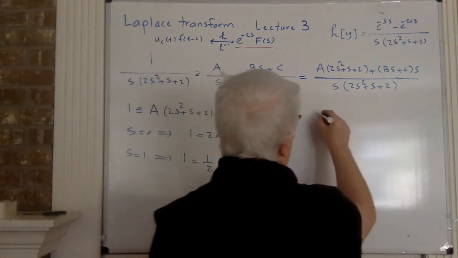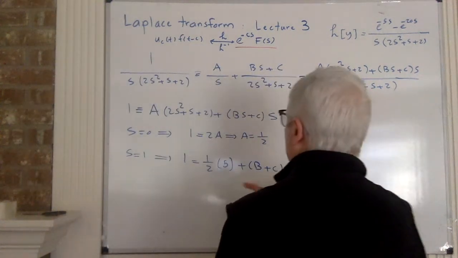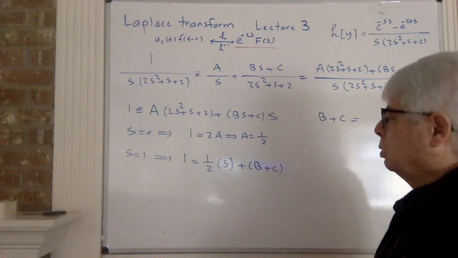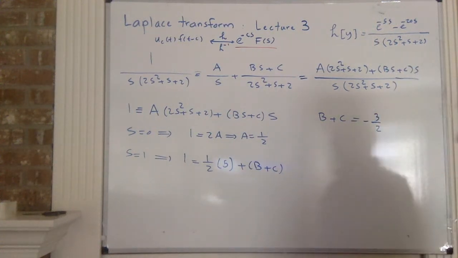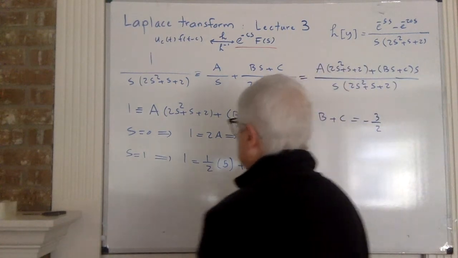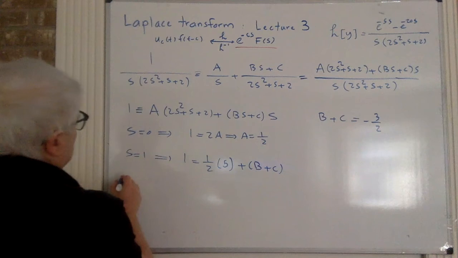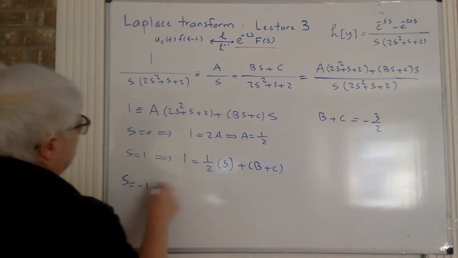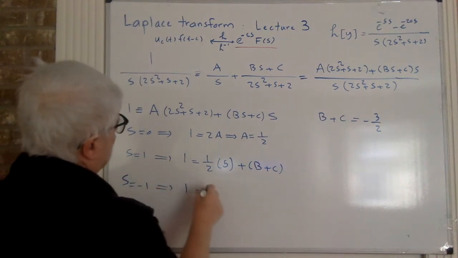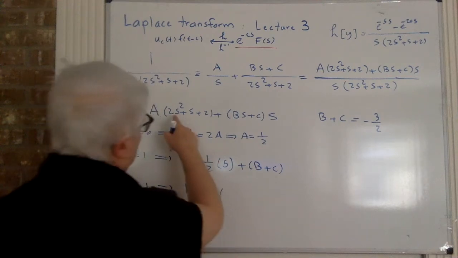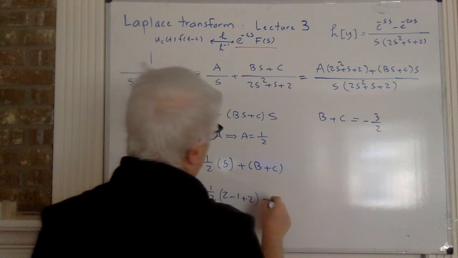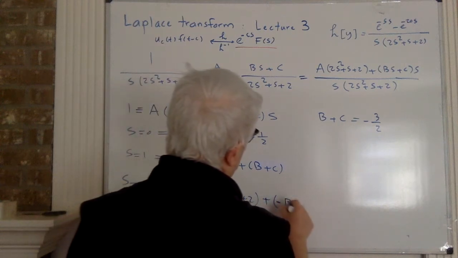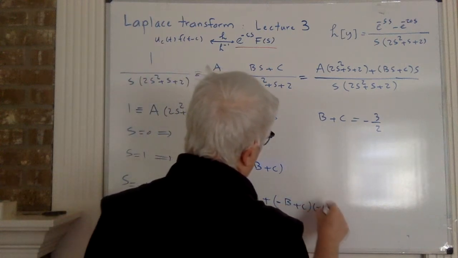So B plus C equals 1 minus 4 over 2, that's 1 minus 2. And well, I can set s to be negative 1. Then I have 1 equals 1/2 times (1 minus 1 plus 2) plus (minus B plus C) times negative 1.